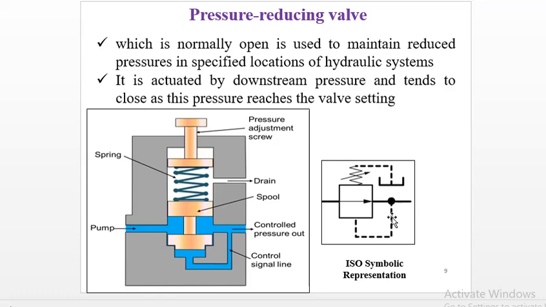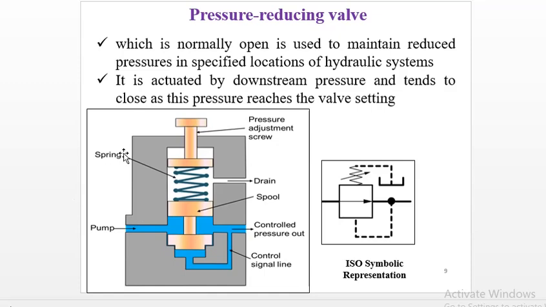This system will develop pilot pressure and it will close this valve, and due to that whatever pressure is required, means if the flow rate is changing, the pressure is also changed. So here it will protect the particular region of the circuit from the higher pressure.